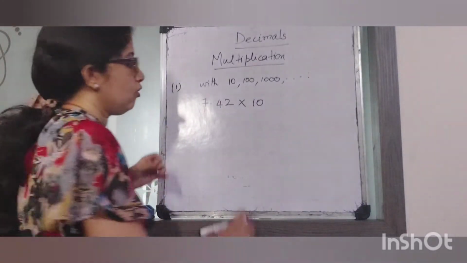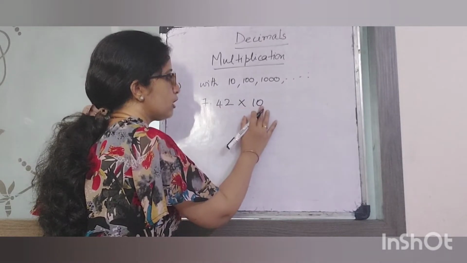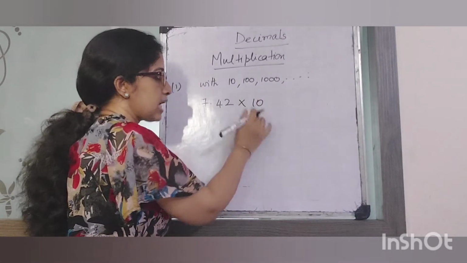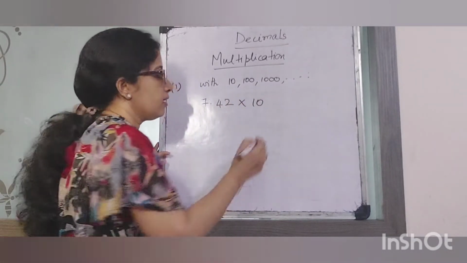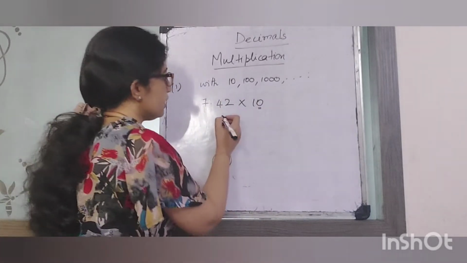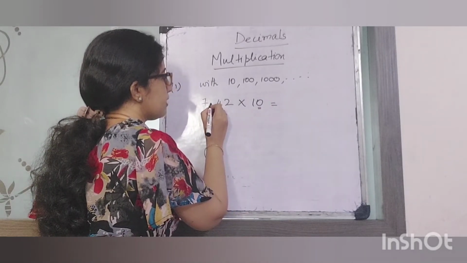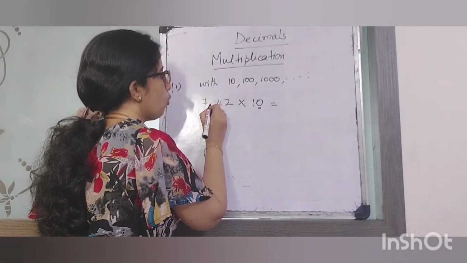Okay. So what should we do now? 7.42 into 10. Okay. So first, how many zeros are there in 10? Only 1 zero, right?